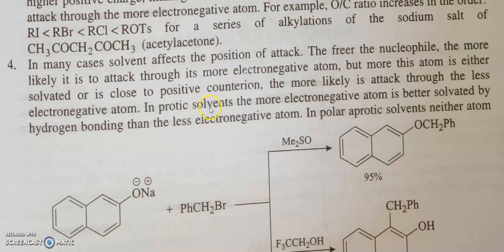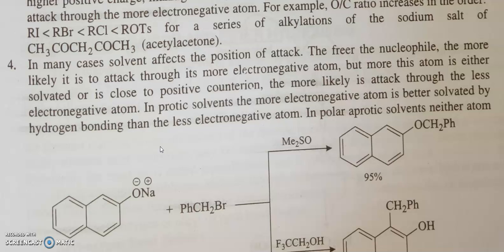Now, the next important point is that in many cases the solvent affects the position of attack. The freer the nucleophile, the more likely it is to attack through its more electronegative atom. But the more this atom is solvated or close to the positive counterion, the more likely is attack through the less electronegative atom.